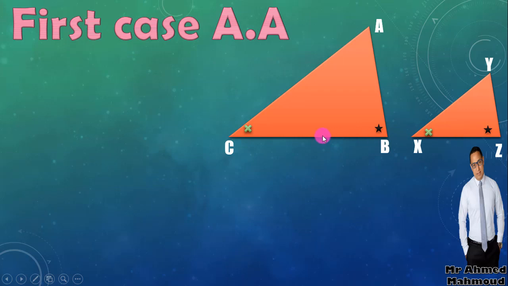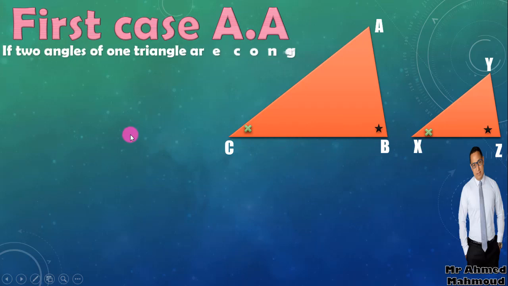In that case, since the sum of the angles of a triangle is 180, angle A equals angle Y. So the two triangles are similar. Again, if two angles in a triangle are equal to two angles in another triangle, then the two triangles are similar, and this case is called AA, because we speak here about two angles in the triangle.